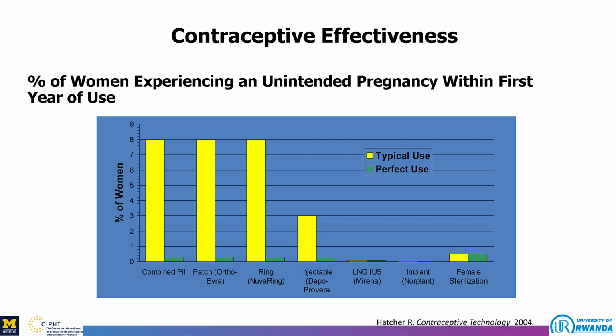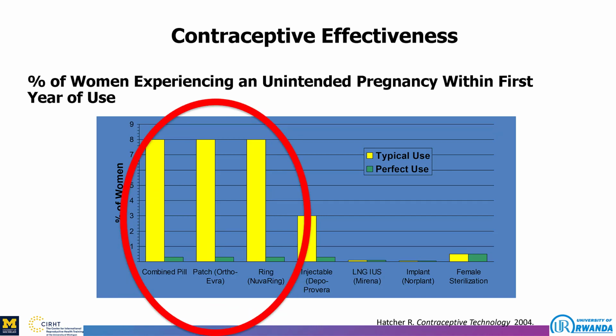With perfect use, most methods are less than 1%, but typical use goes up to 8% or more in most cases. So we have to put more emphasis on the long-acting methods, which narrow the gap between typical use and perfect use, and all of them have a failure rate of less than 1%.